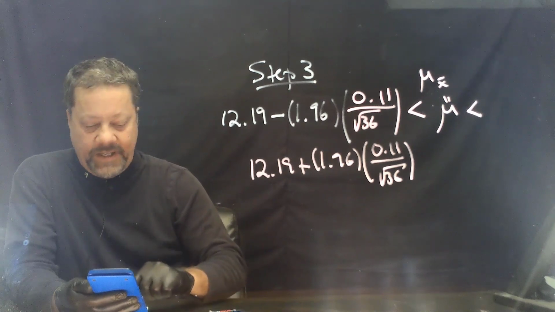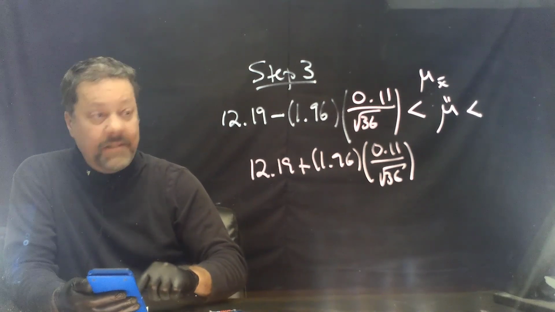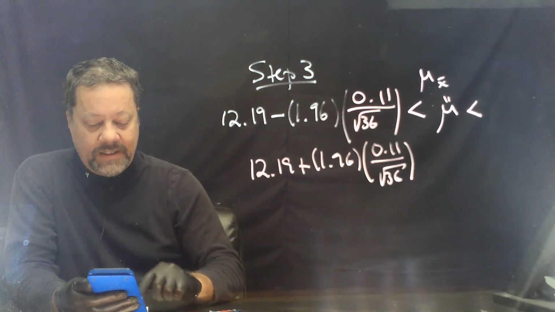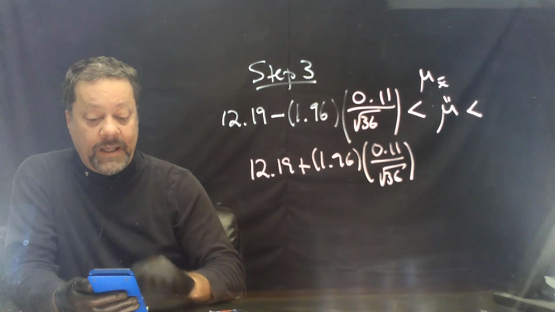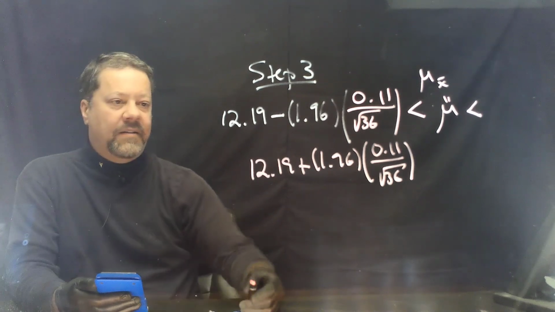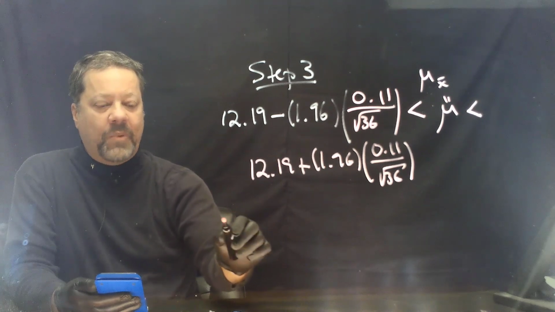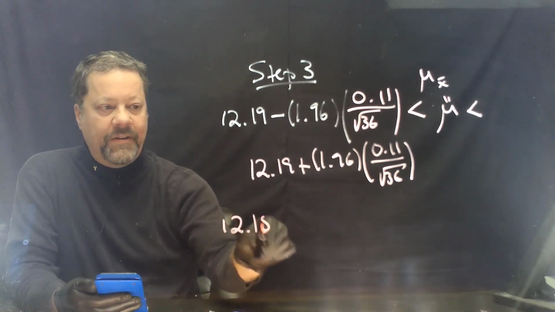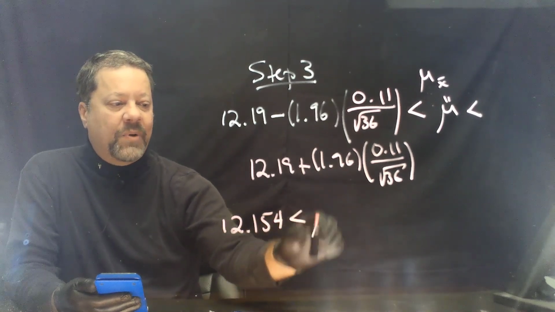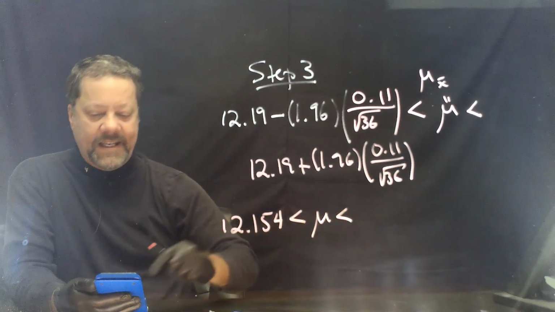Crunching these numbers, I have 12.19 minus 1.96 times 0.11 divided by the square root of 36, which is 6. This gives us a left-hand endpoint of 12.154, going to one place more than in the data.